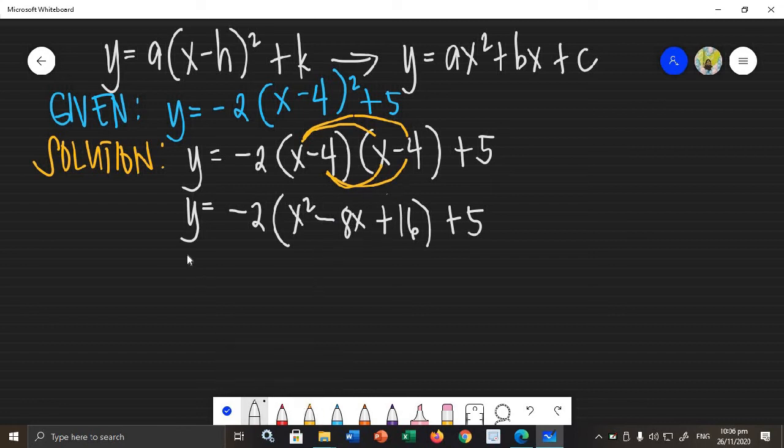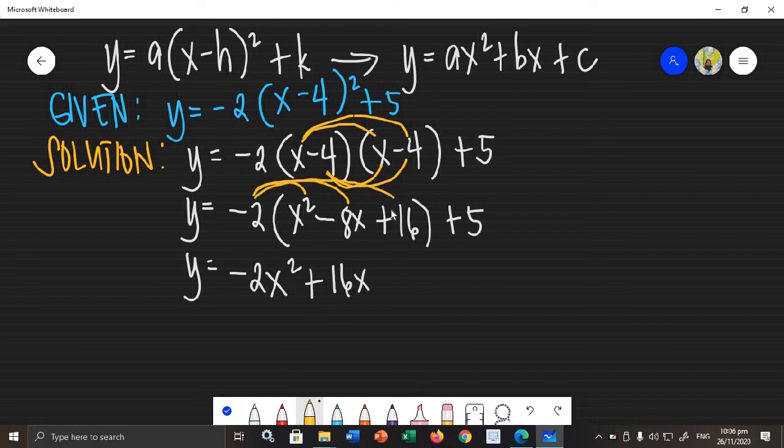Okay? So, y is equal to, distribute natin si negative 2. So, negative 2 times x squared, that is negative 2x squared. And then, negative 2 times negative 8x, that is positive 16x. Negative times negative is positive, okay?